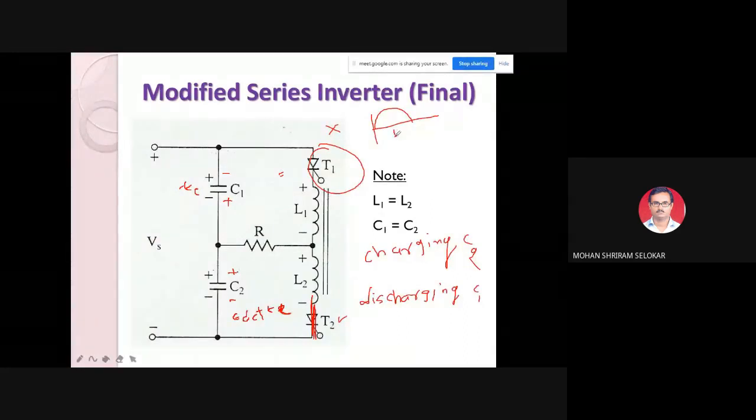So I am writing here T1 was conducting. In this, 50% of the current is provided by the battery and 50% is provided by C1, which I explained to you.